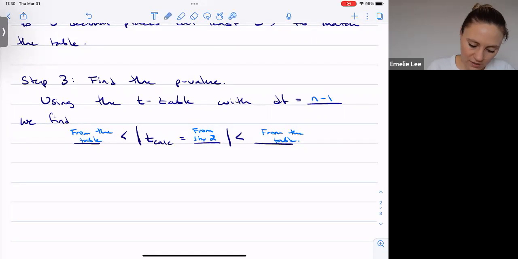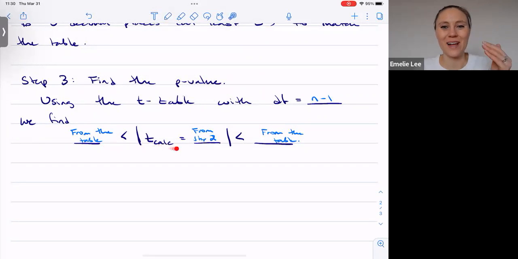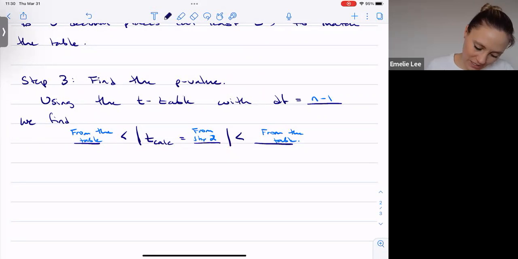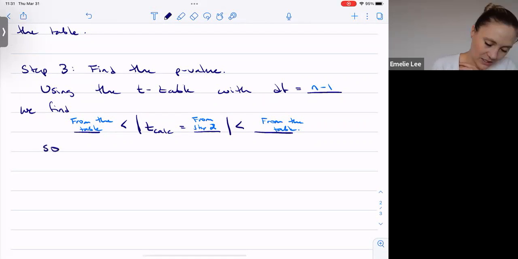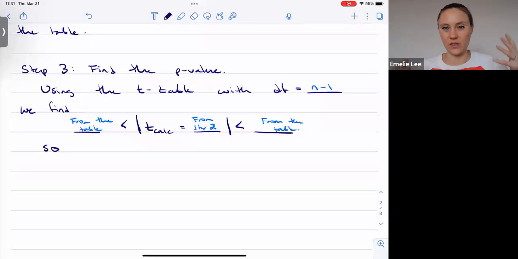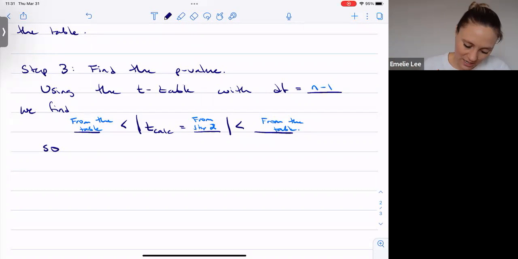So then, once we have the values of t that wrap around our calculated t, we've found this range of t's, which we can then translate to the p-values. And so from the t-table, we find that t is between these two values, and usually I just link it with a "so" or "therefore" or something like that.